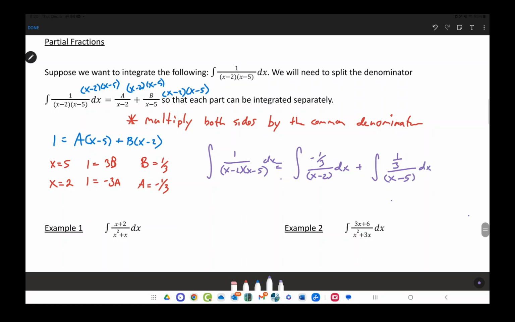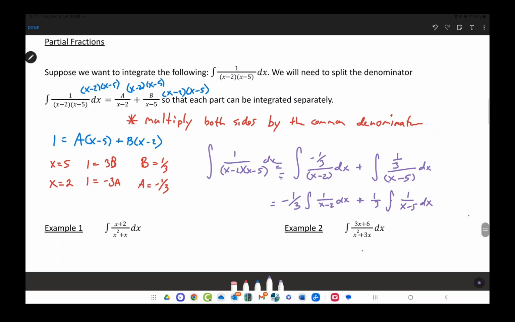Now we can also bring out the 1/3, so we can write this as negative 1/3 times the integral of 1/(x minus 2) dx plus 1/3 times the integral of 1/(x minus 5) dx. The idea is that now we have two separate integrals that are honestly not so bad to solve.